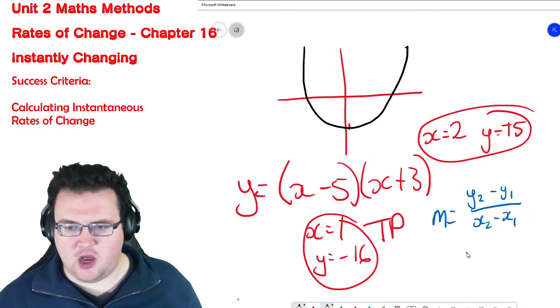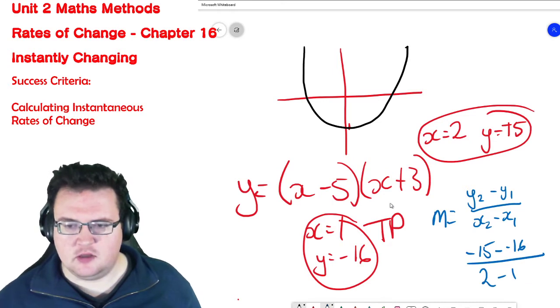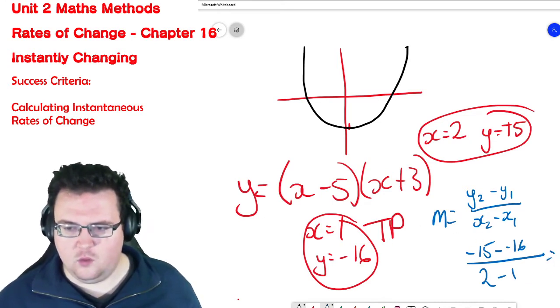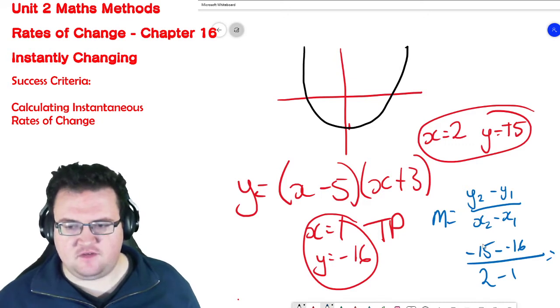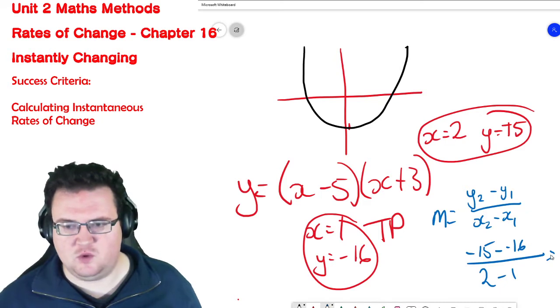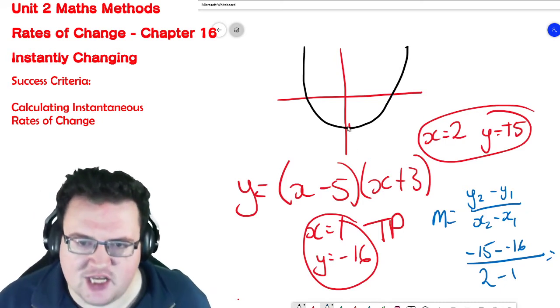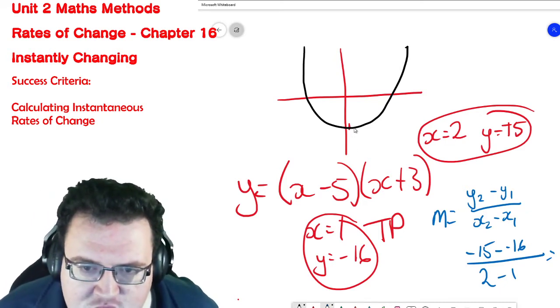And so that's going to be minus 15 minus minus 16 divided by 2 minus 1. That means I'm going to have a gradient of 1, because negative 15 plus 16 is 1, and 2 minus 1 is just 1 as well. So the gradient between 1 and 2 is 1.